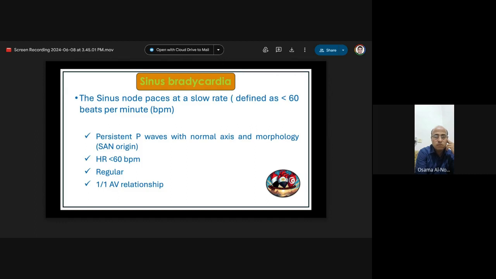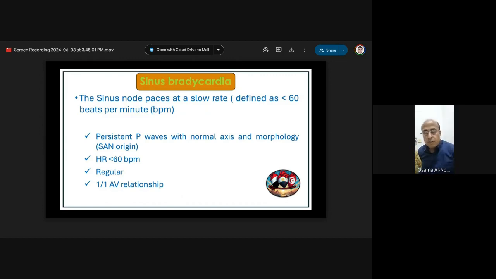The criteria for sinus bradycardia are a persistent P wave with normal axis and morphology, because the P wave originates from the sinoatrial node. The heart rate is less than 60 beats per minute, but regular with a 1-to-1 AV relationship.